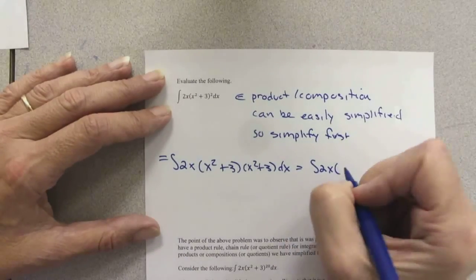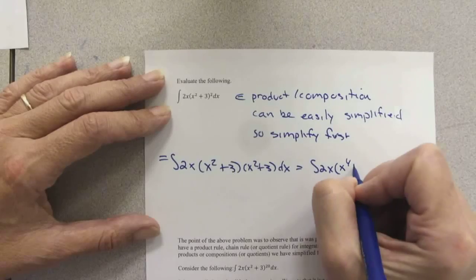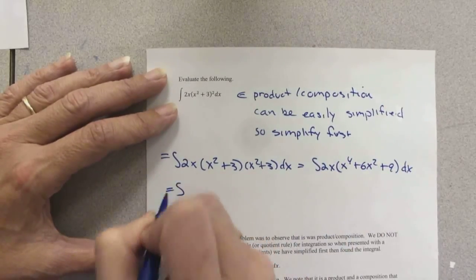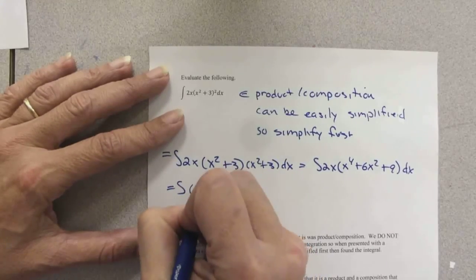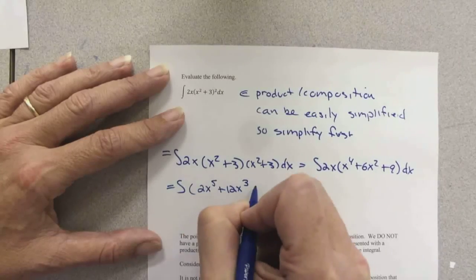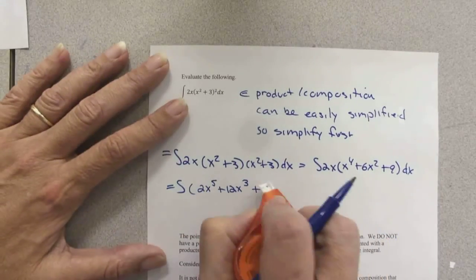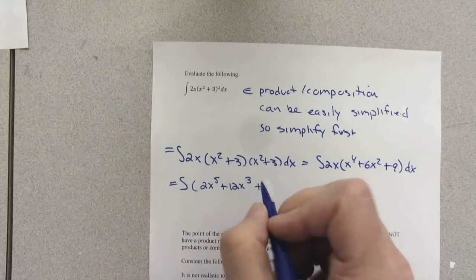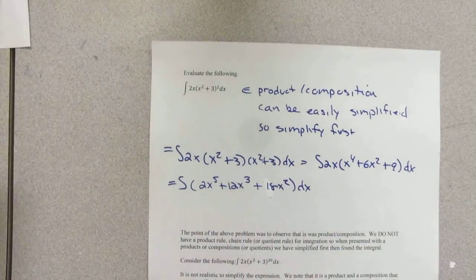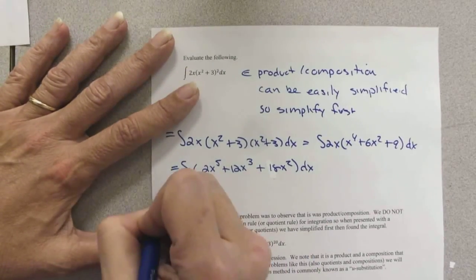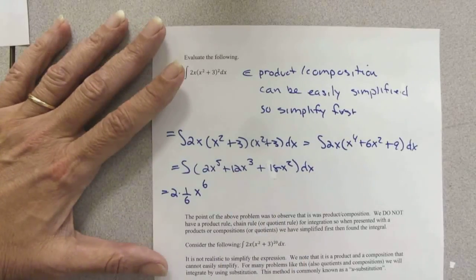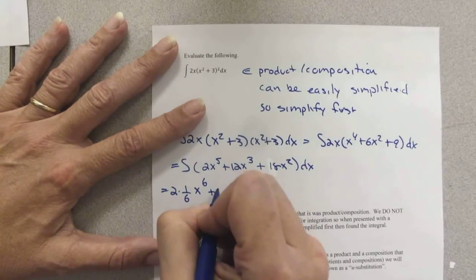So I can FOIL that guy out there and get x to the 4th plus 6x squared plus 9 dx. And then I could distribute that 2x and get 2x to the 5th plus 12x cubed plus 18x. And now it's not a product, it's not a composition, so I can just use my basic rules.